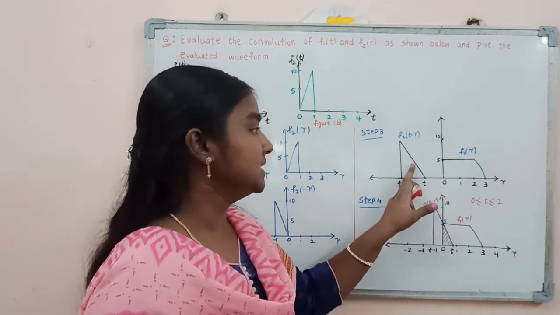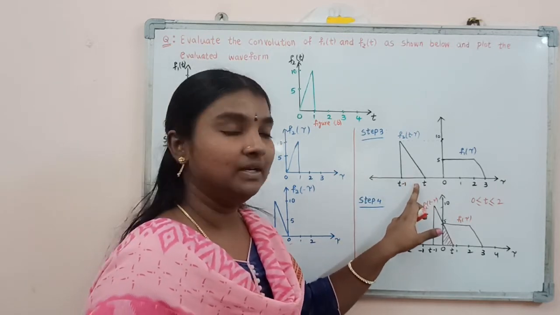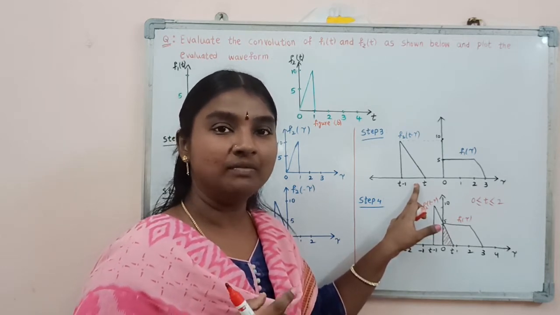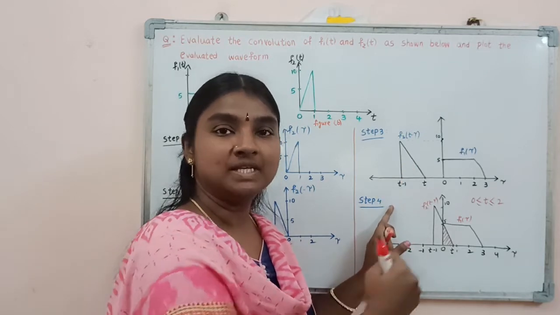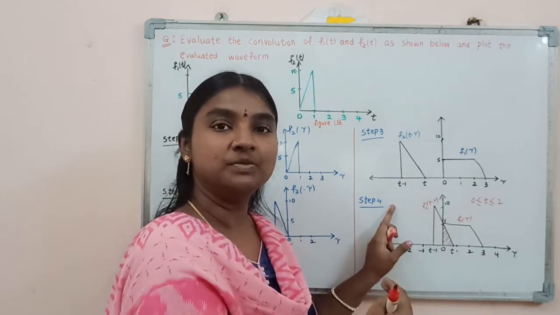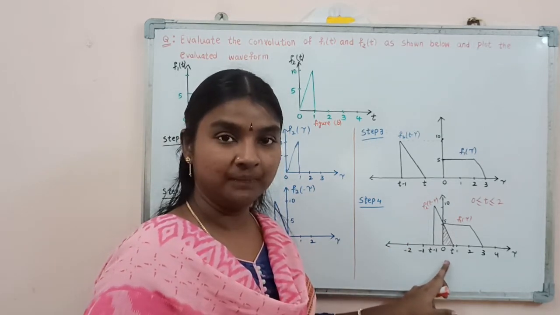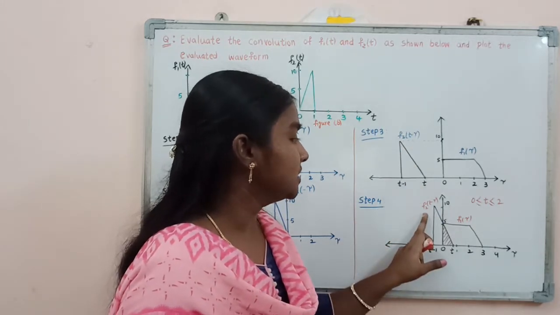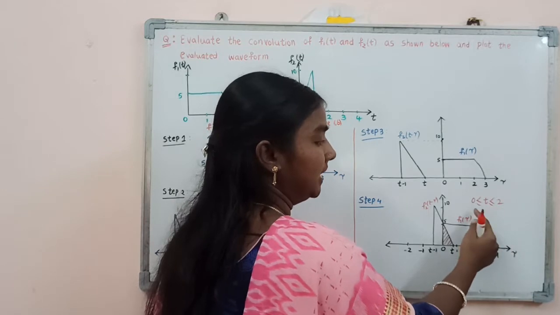If we observe this figure in step 3, if there is no overlapping period, now what we are doing is moving the second signal towards the right side, that is, towards the positive side. This is the figure we may observe when we are moving the f2 of t minus tau signal towards the right side in a limited period.